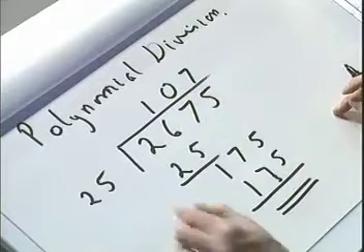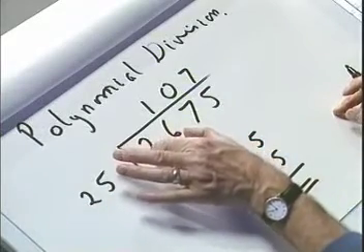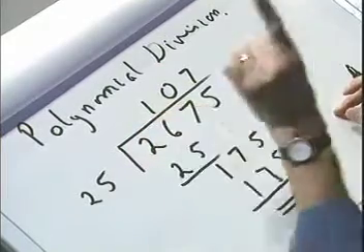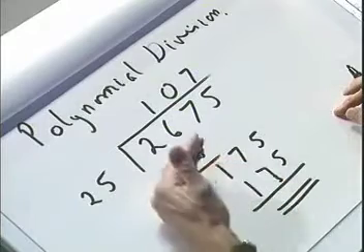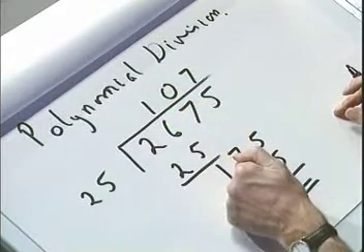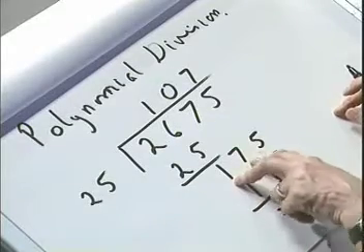Let's just look at what we did. We did 25 into 26 because that went. We then recorded that once that it went there, multiplied, wrote the answer, and subtracted. We brought down the next number. Asked how many times 25 went into it. It didn't go.